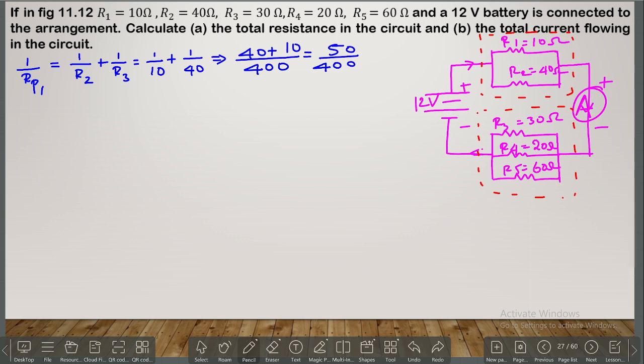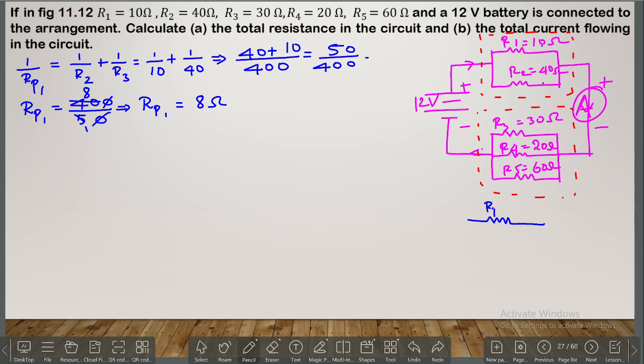This is 1 by Rp, but what we need is Rp. So Rp1 is equal to 400 by 50, which is 8. So the net resistance of network 1 is 8 ohm.